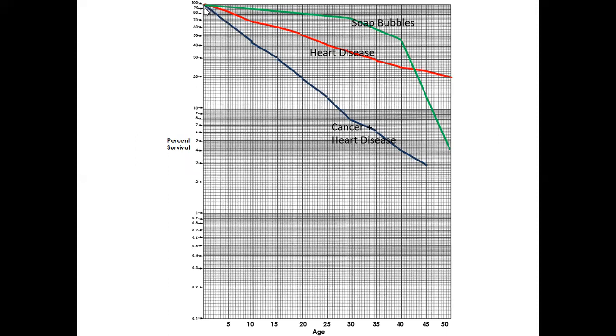And if you throw heart disease and cancer together, it goes down about twice as fast. The total endpoint would be down here. I guess I didn't continue my line down to 0, but basically you can see that it decreases a lot faster than heart disease alone.